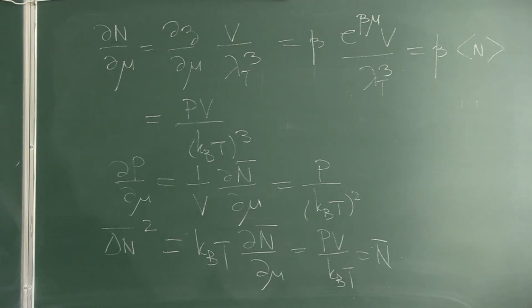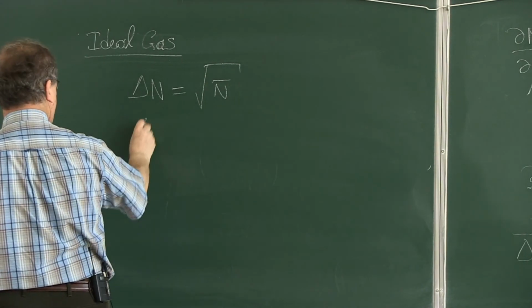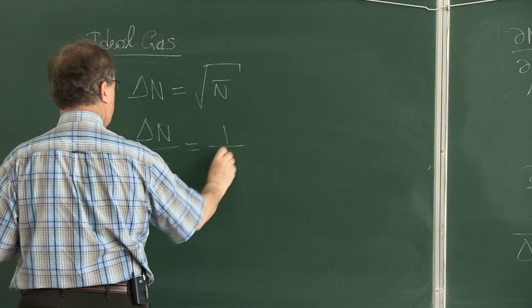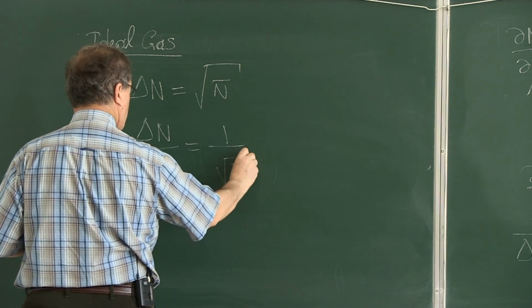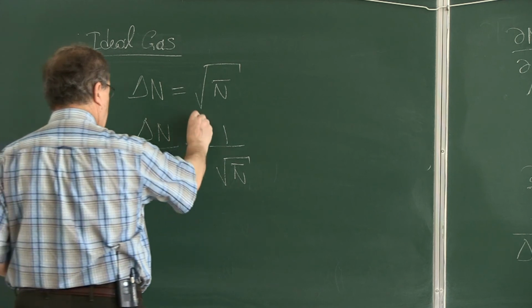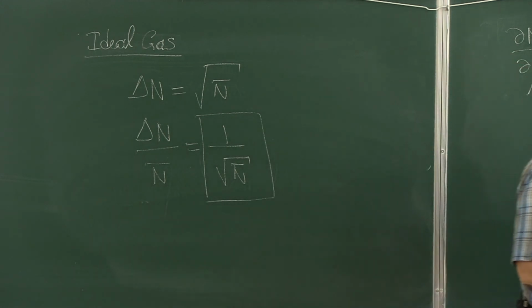Delta N is related to the square root of N bar, so that delta N over N bar is nothing but 1 over the square root of N bar. So that's what you have to remember. If the total number of particles is huge, in a gram of copper, 10 to the 23, that says fluctuations are very small indeed, isn't it?